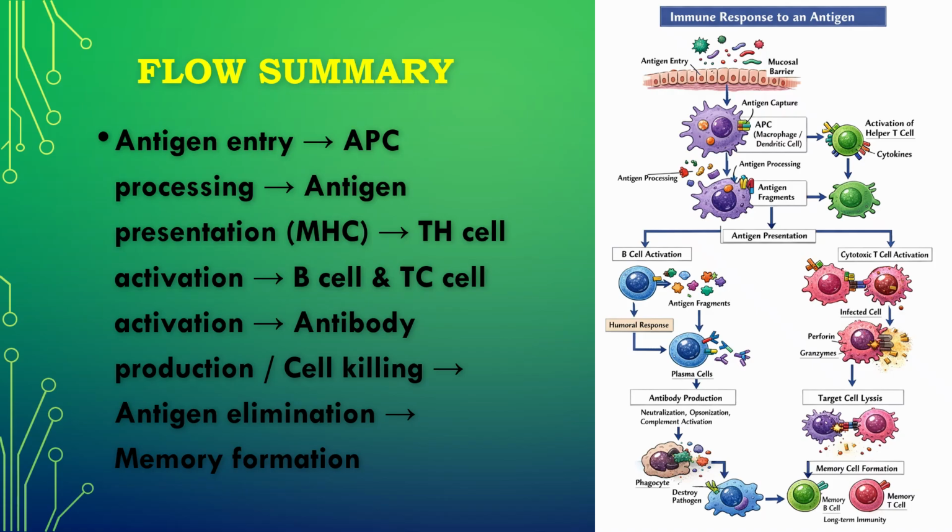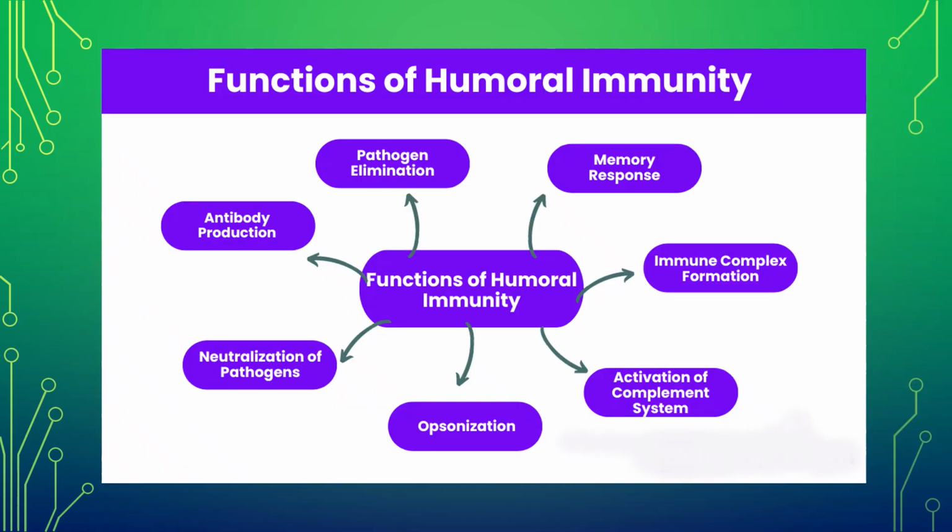The antigen enters, the antigen presenting cell processes it and presents it on the MHC molecules, which activates the T helper cells, followed by B cell and T cell activation. B cells lead to antibody production. T cells lead to cell killing, antigen elimination, and formation of memory cells in the body.